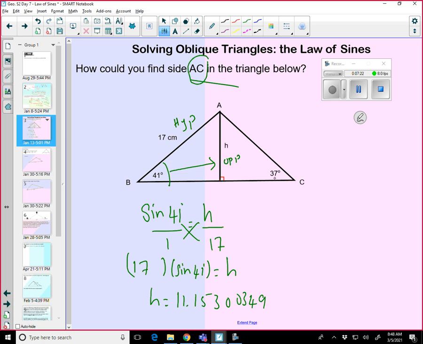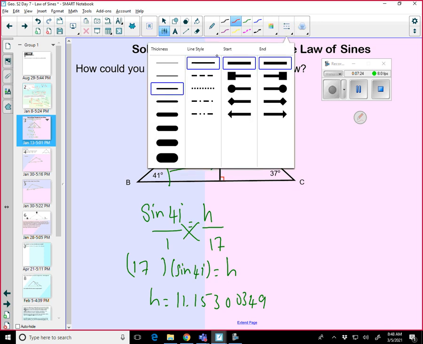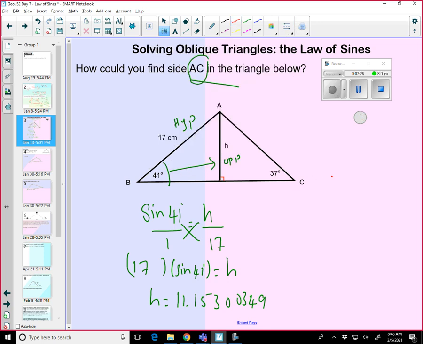Now I have this, and this is 37 degrees. With 37 degrees as the reference angle, I will have this once again to be the opposite, and this is the hypotenuse. So I can use sine 37 degrees equals opposite, which is 11.15300349, over the hypotenuse, which I don't know, so I'll call it AC.